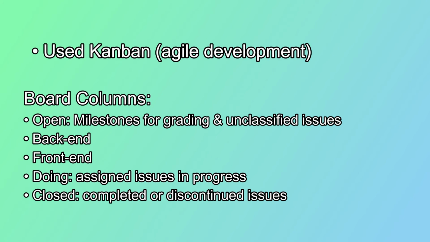We have used Kanban as a project board. Instead of using prescribed categories, we have improvised and modified them based upon our project needs. We have 5 board columns. First, open: issues related to milestone grading and the issues which are not explicitly classified as backend or frontend. Second, backend: issues related to backend functionality such as Firebase.